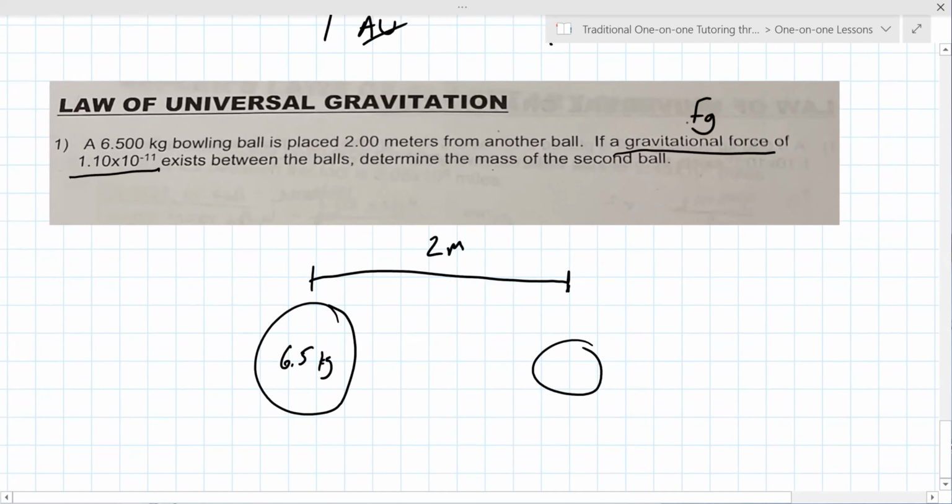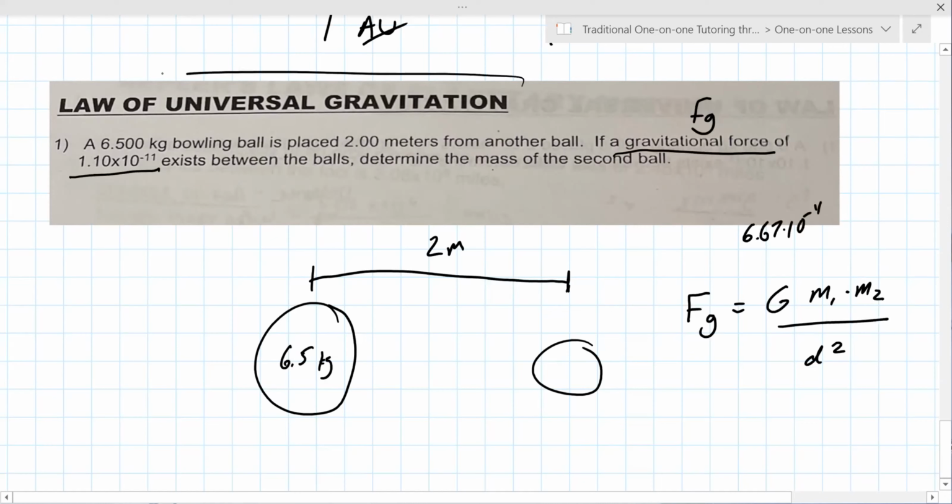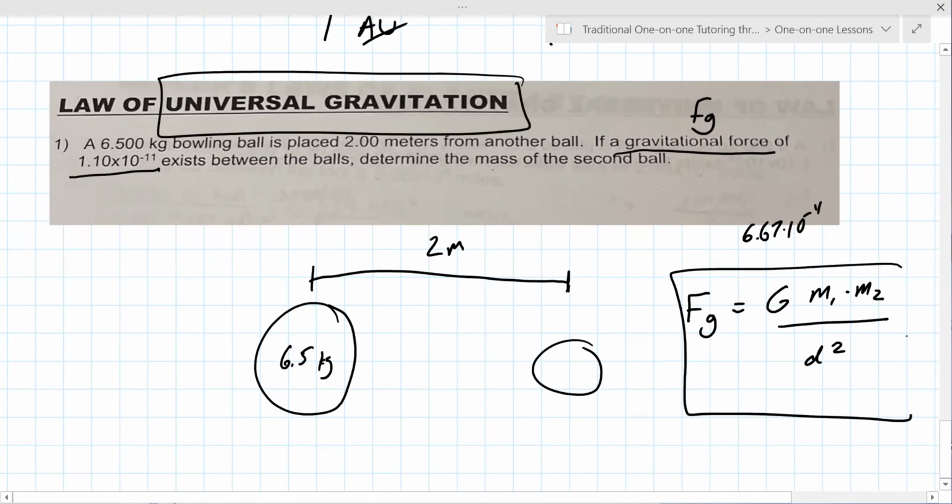that's FG. So FG in this context is the universal G, which is that 6.67 times 10 to the minus 11, I believe, times mass 1 times mass 2 over the distance between them squared. So when you see universal gravitation on the exam, you want to think of this formula right here.